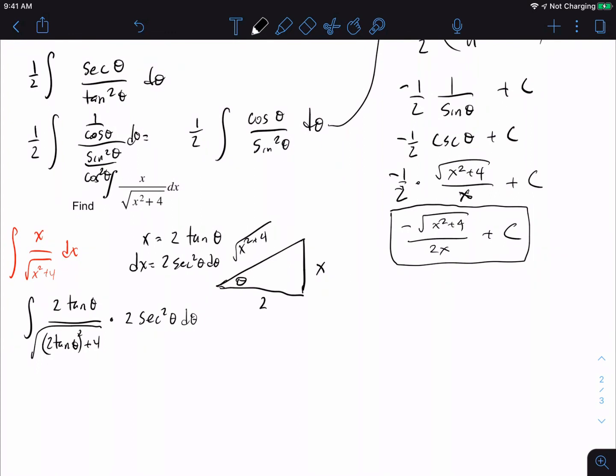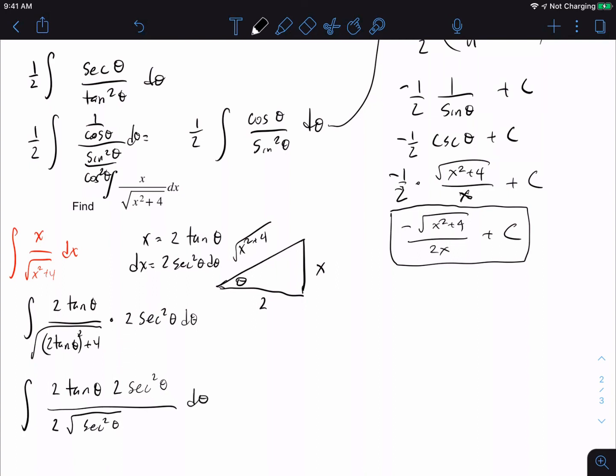When we go to clean it up, and I'll just show you, it's going to be 2 tan theta, 2 secant squared theta over, now the denominator, I'll be able to pull out a 2, correct? And then I should get the square root of secant squared. Do you guys agree with that, or did I skip too many steps? Is there anyone who thinks I skipped too many steps?